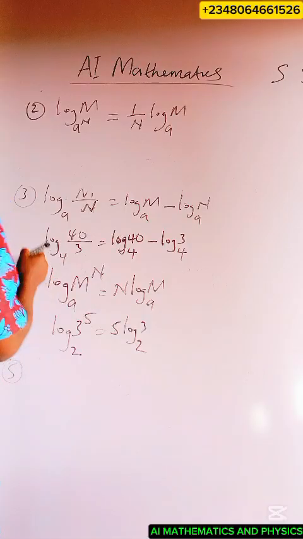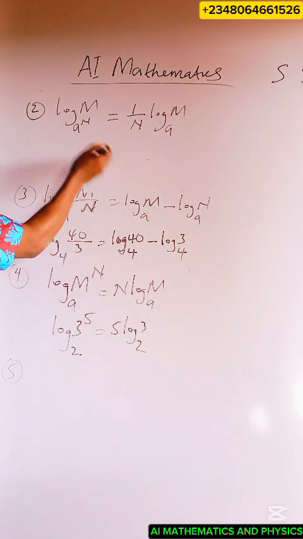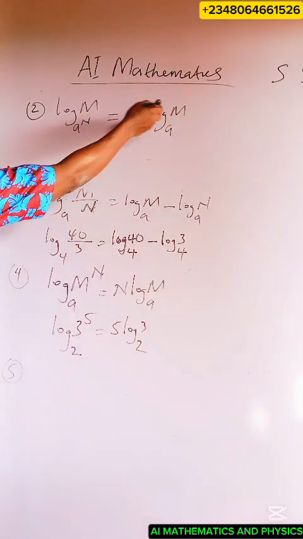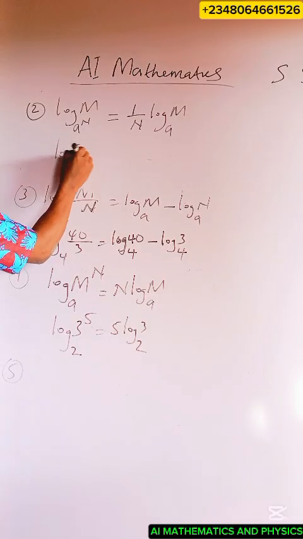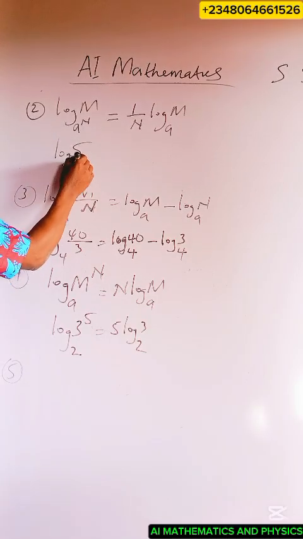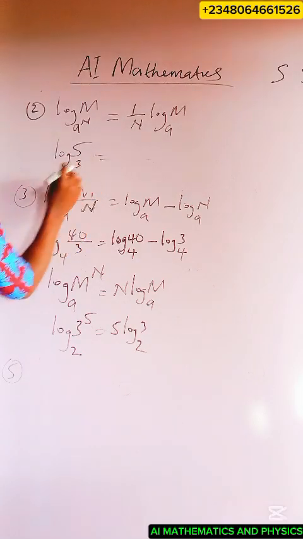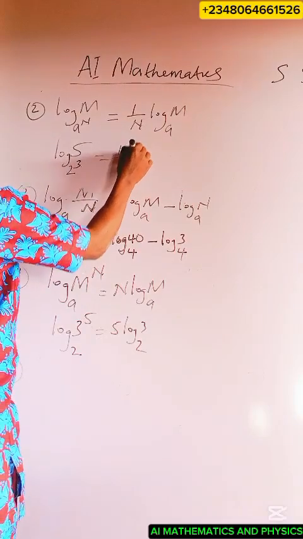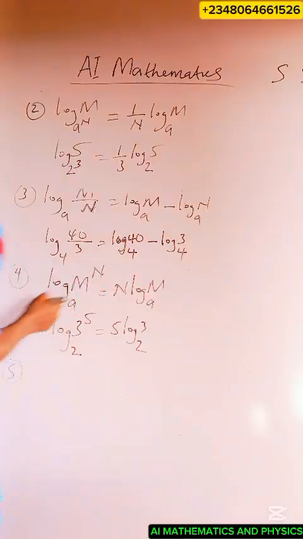It means that if the base has a power, just divide by the power and multiply everything. Let's say you have log 5 base 2 raised to power 3. Because it's the base that has power 3, just do 1 over 3 log 5 base 2.